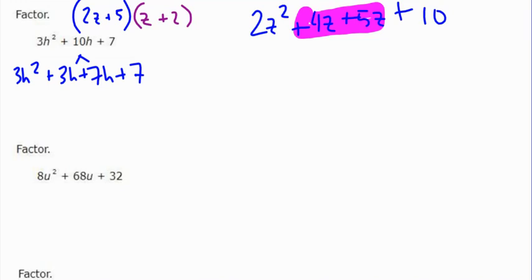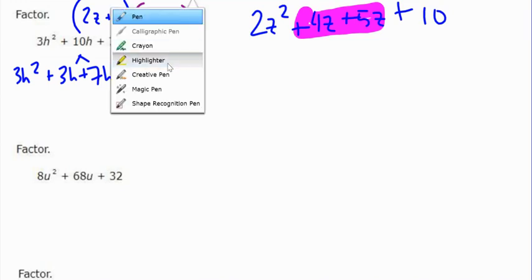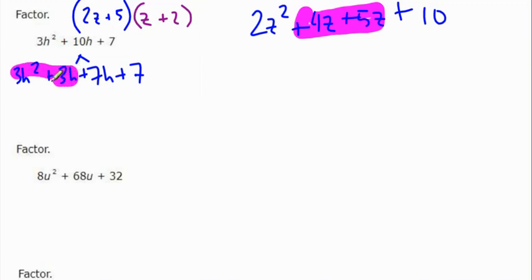Now I'm going to look at my first two terms and ask myself, what is my greatest common factor among those terms? And I can factor out a 3h. To get 3h squared back, I would have h. And to get 3h back, I would have to have a 1 there.